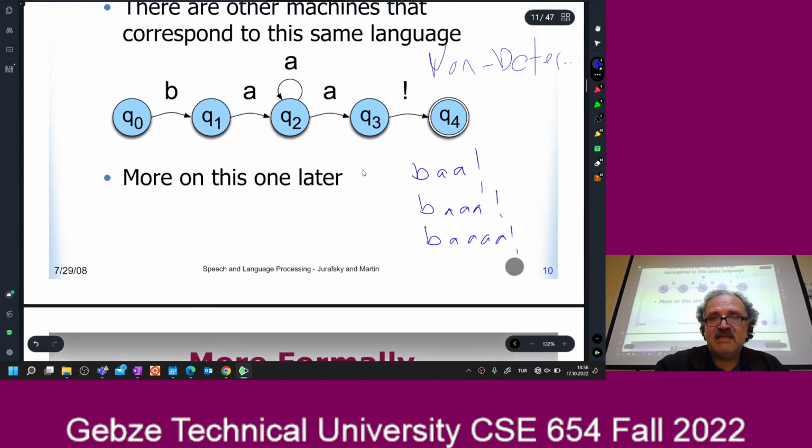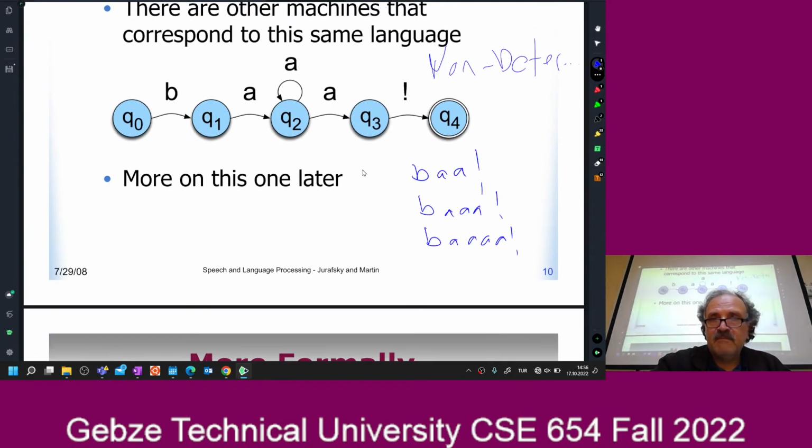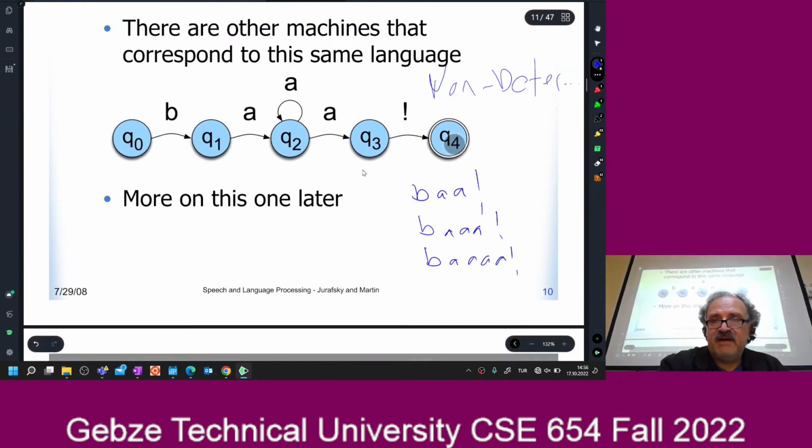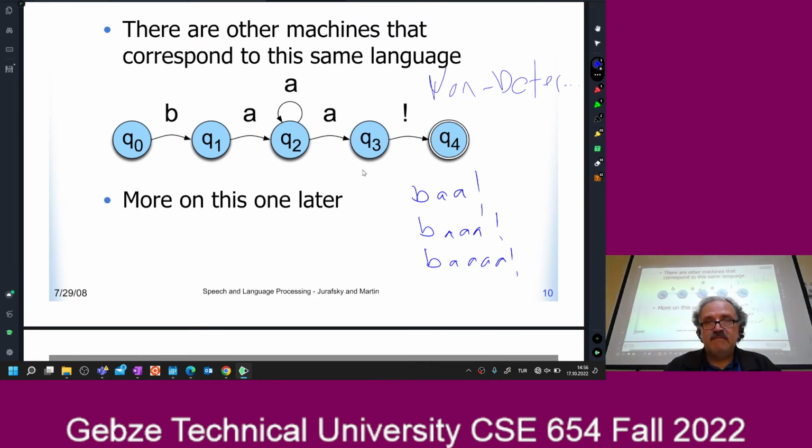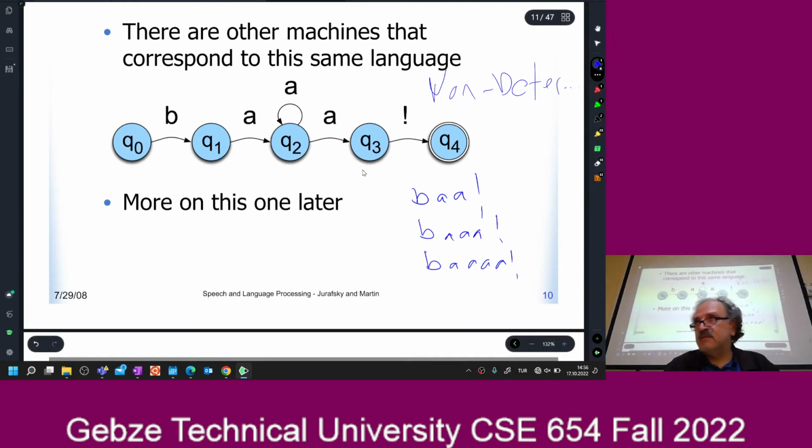Well, in this case, it looks like there is only one final state, and I could have more than one final state. The start state has to be only one. That's how they defined it. Can anybody tell me why they have chosen it this way?